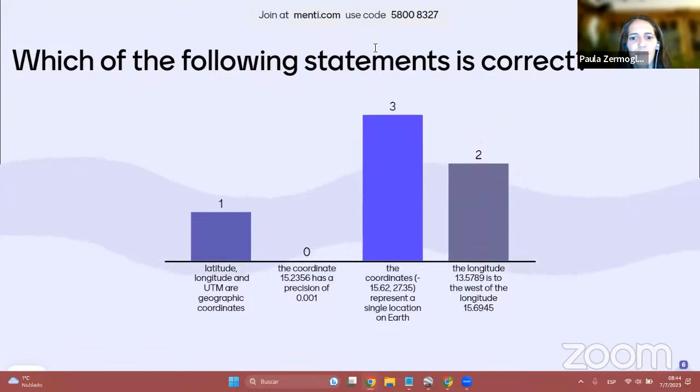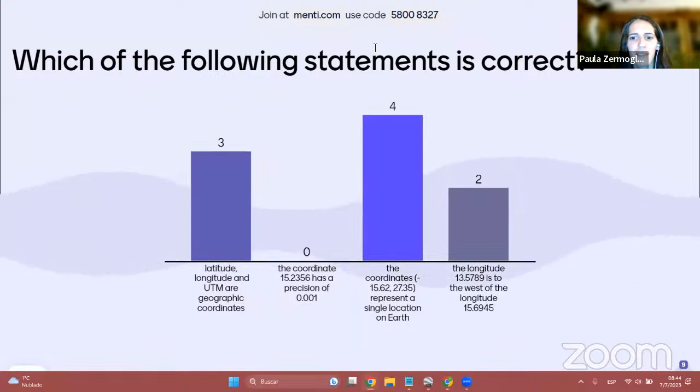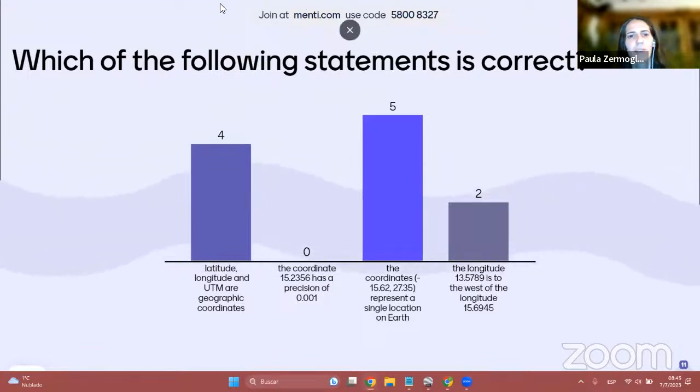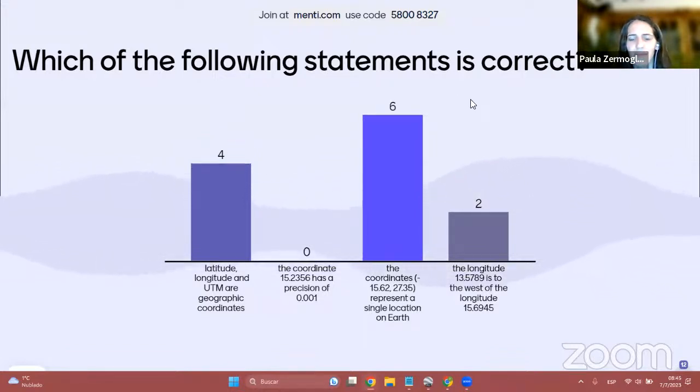Excellent. We have 12 now, so we're still missing some.